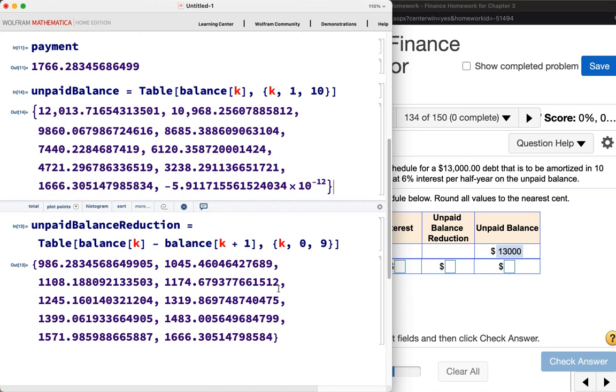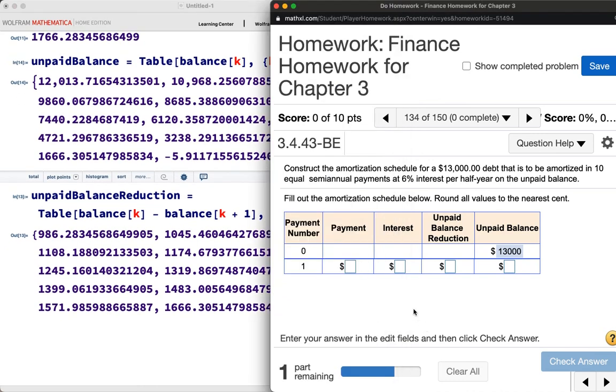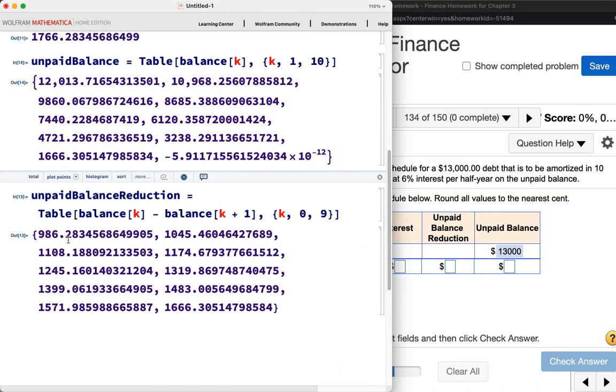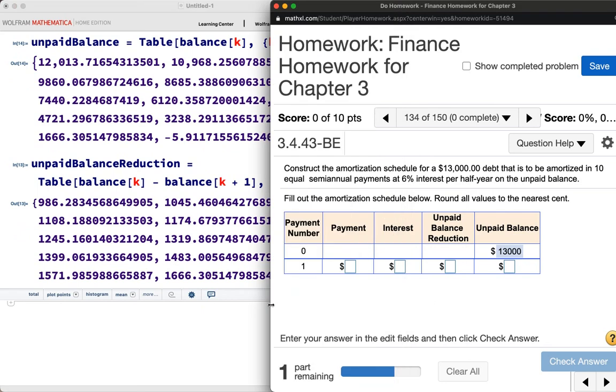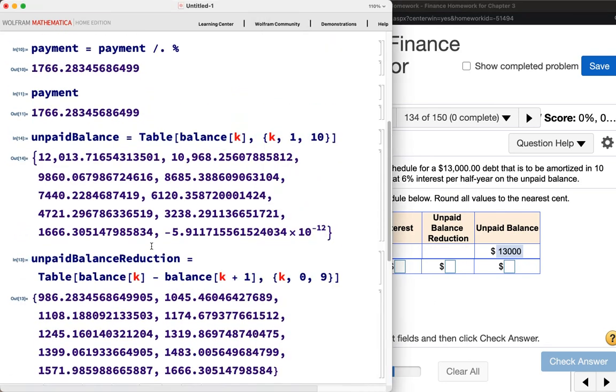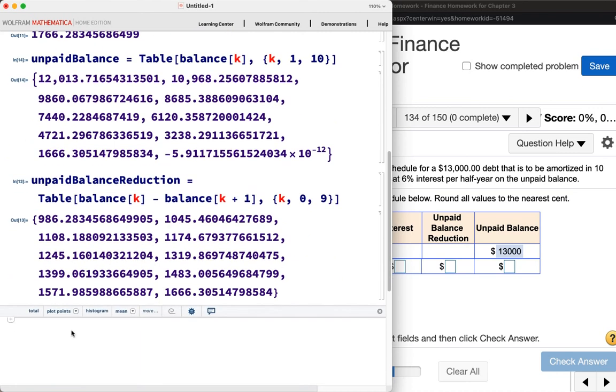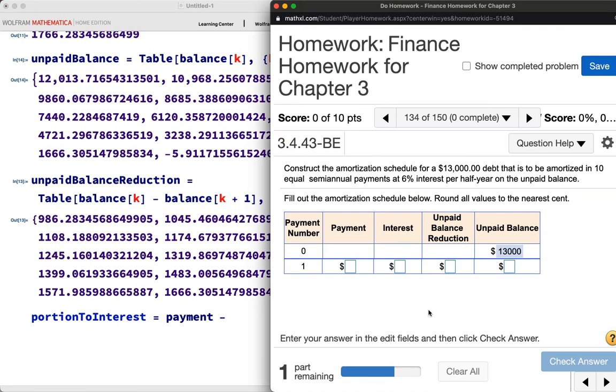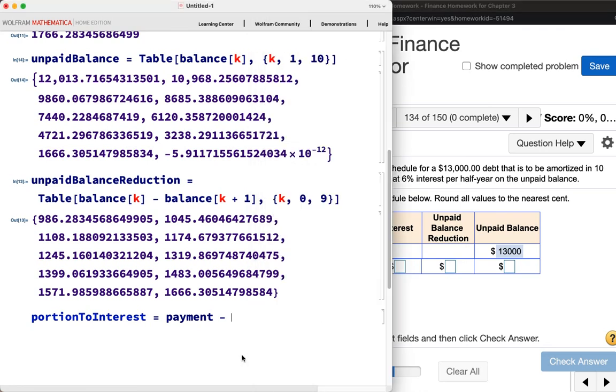Okay, so we have unpaid balance, we have unpaid balance reduction. And then to figure out the interest, guys, it's going to be the payment minus each of these numbers. I'm going to call this portion to interest, equal to payment minus the unpaid balance reduction, which is really the same thing as the portion to principal.